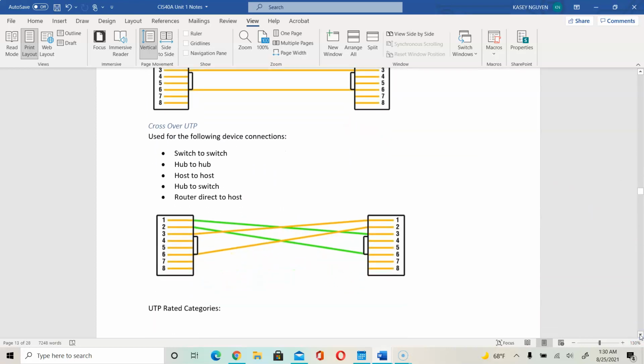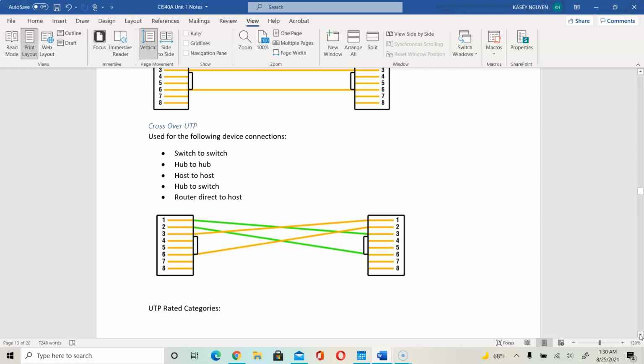So when do we use the crossover UTP? The crossover UTP is used to connect the same type of devices, like a switch to a switch, a computer to a computer, a hub to a hub, and so on, whereas we can make a straight through UTP. That means that both ends are the same. The connector, the way we wire it, will be exactly the same.